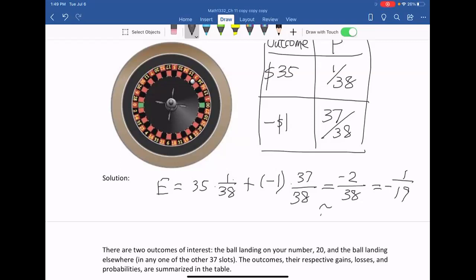Use your calculator to find that this is about negative $0.05. It's about 5 cents. So that means in the long run, each time you will lose 5 cents in the game.